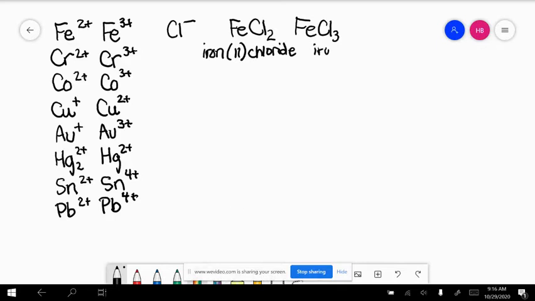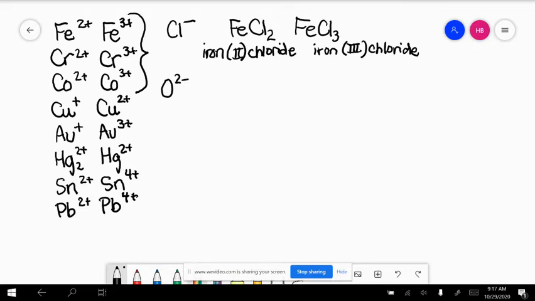And here is iron 3 chloride. The same goes for all of the 3 musketeers. Now, what if they are bonding with a -2 ion? Well, they can also form 2 compounds.